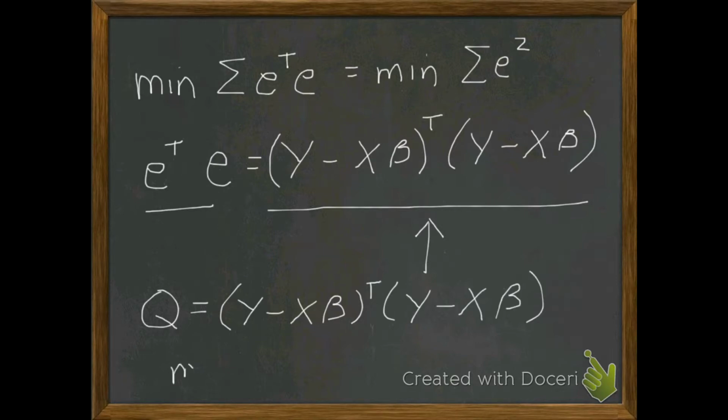And the goal is to minimize Q with respect to some form of beta. We may end up differentiating with respect to beta transpose, but we'll just have to examine what we end up getting.